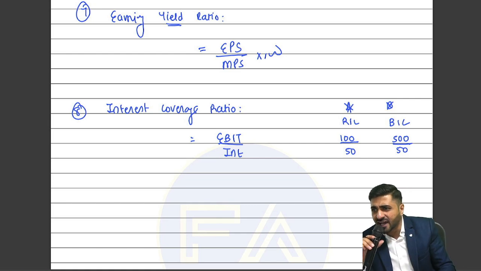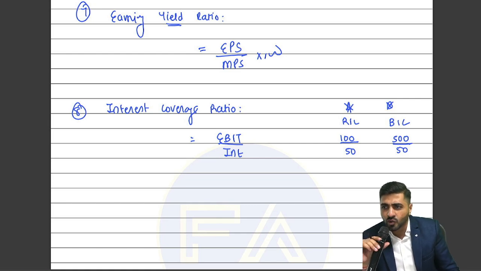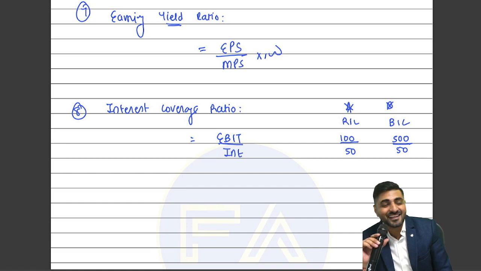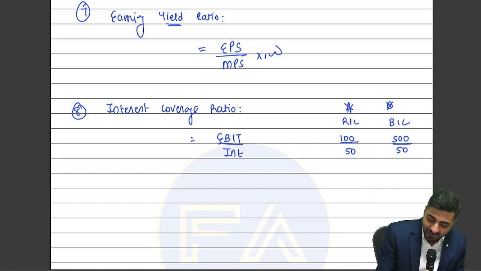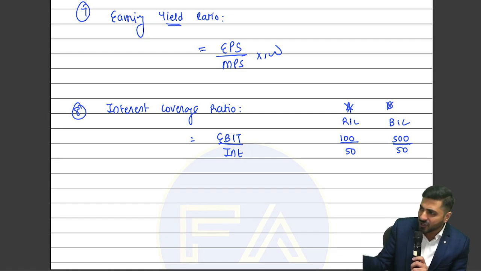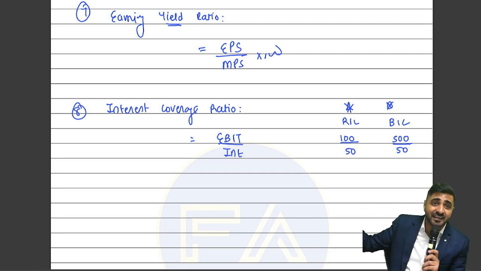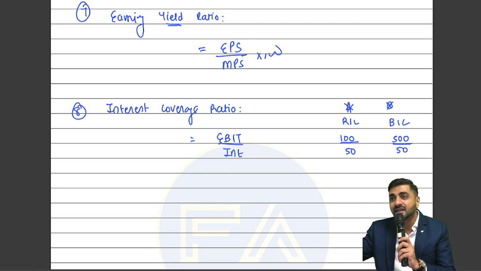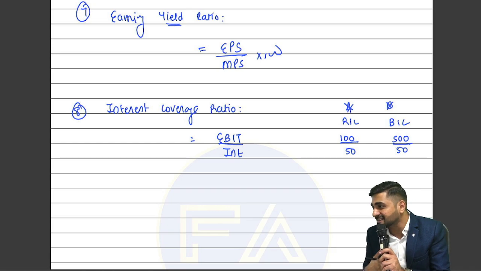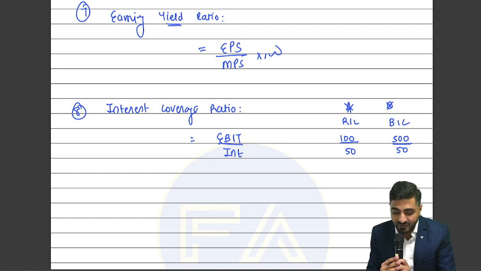So as a lender, you will give a loan to RIL or BIL? Always to me only. So this ratio should be higher the better, because that company's interest is getting covered just 2 times, while in my case the interest is getting covered 10 times.